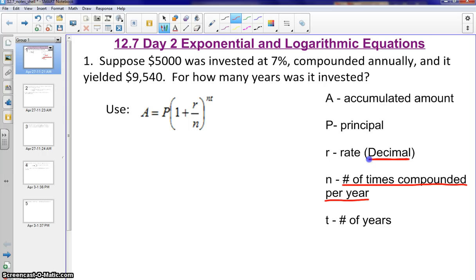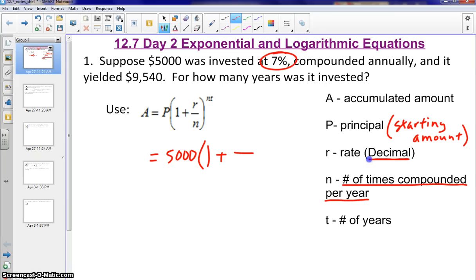So let's go ahead and read the first example. Suppose 5,000 was invested at 7%, compounded annually, and it yielded $9,540. For how many years was it invested? So the starting amount, which is our principal, in our particular problem is 5,000, so we'll plug that in for P. Then we'll have 1 plus our rate, which was 7%.